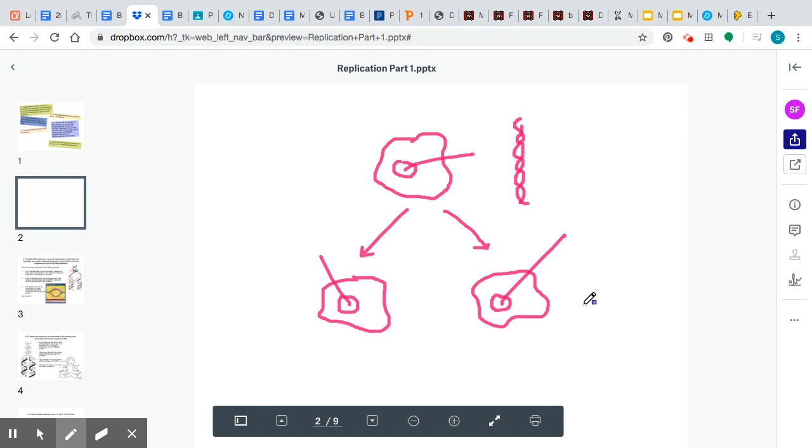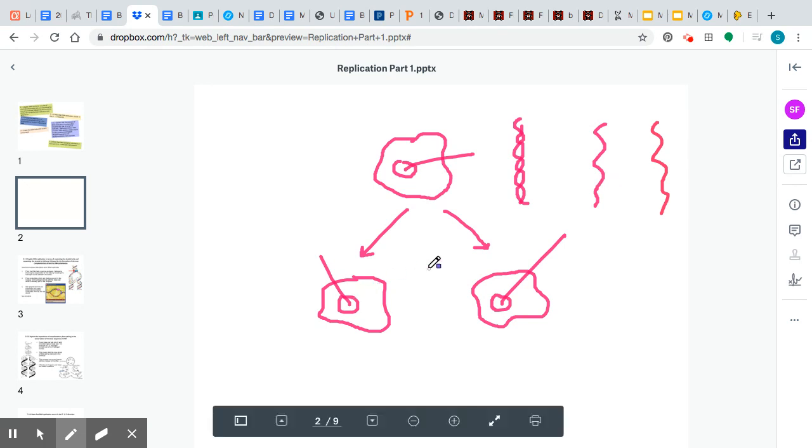What we're going to look at is how this works: we actually split your DNA and we copy a new strand from it. So, actually, let me split them first. We've split this into two like this, and then we just copy them.